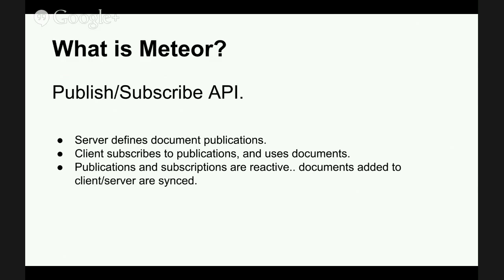And that's really cool because it means that if you have multiple clients that are subscribed to the same publication, as soon as you change a document within that publication on either client, it's synced to the server, and then on any other clients, it's synced back to those clients. So it's reactive and it's responsive across multiple client instances.